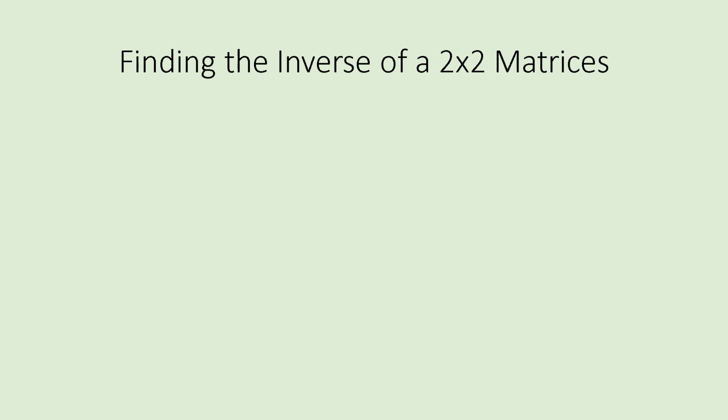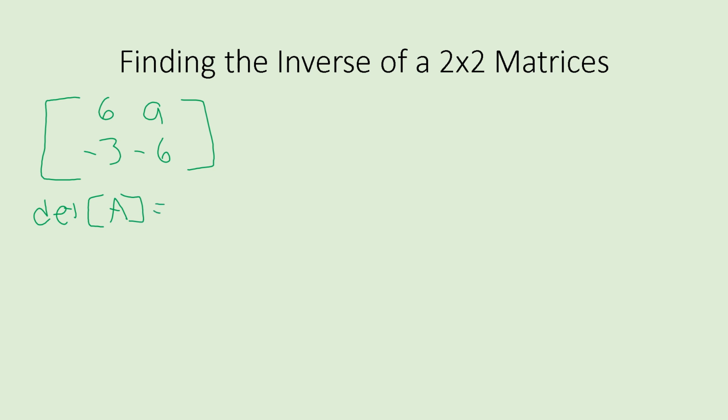So say we have the same matrix that we did last example, 6, 9, -3, and -6, and remember that we got our determinant to be -9. We're going to keep that in mind throughout this problem.